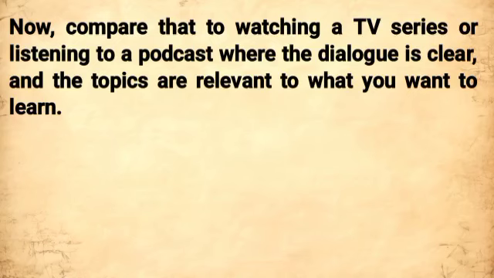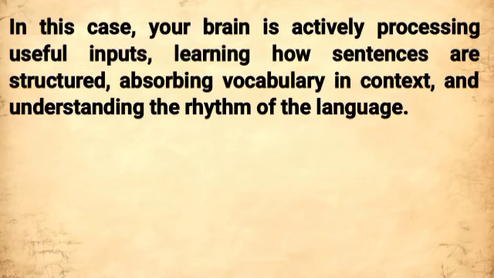Now, compare that to watching a TV series or listening to a podcast where the dialogue is clear and the topics are relevant to what you want to learn. In this case, your brain is actively processing useful inputs, learning how sentences are structured, absorbing vocabulary and context, and understanding the rhythm of the language.